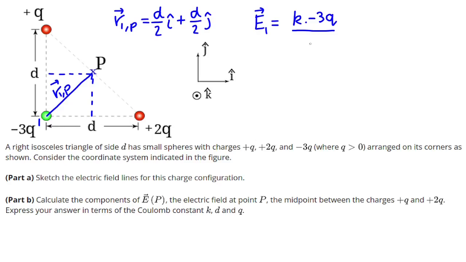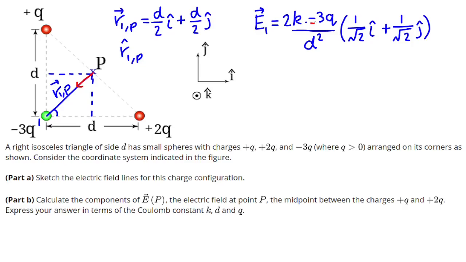So we have d squared in the denominator on 2, which goes in the numerator. And we see this vector has the same components. So this angle is 45 degrees. So we have cosine 45 degrees being the x component of the unit radial vector. And sine 45 degrees is the other component of that vector. So as we can see, the electric field points towards the negative charge, given this negative sign.